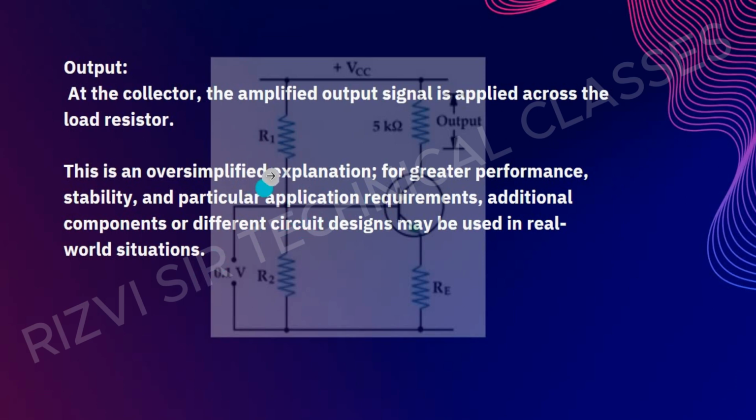Normally we use a multi-stage transistor amplifier, but for basic understanding we can use a single stage transistor amplifier. Generally we don't use the single stage transistor amplifier in real life; we use multi-stage transistor amplifiers.